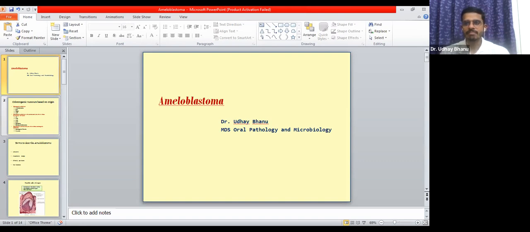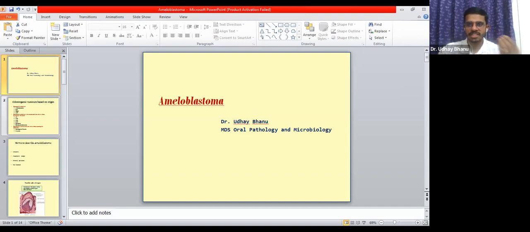Last and very, very important is non-functional. In the histology of an ameloblastoma, you will observe that the lesion will not have any functional aspect.